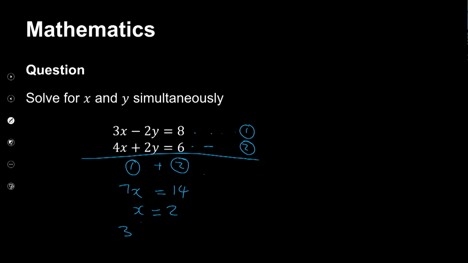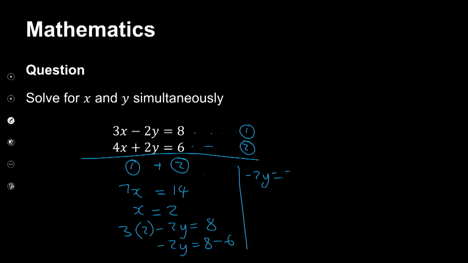That will be 3 into 2 minus 2y equal to 8. 3 multiplied by 2 will be 6, so this will be minus 2y equals to the 8 minus the 6. And then lastly, I will get negative 2y equals to 2, and then my y will be equal to negative 1 if I divide both sides by negative 2.